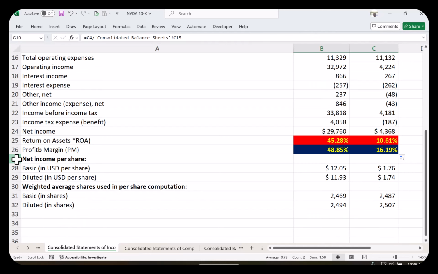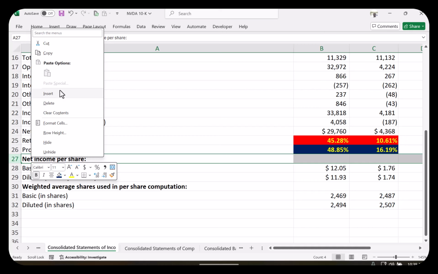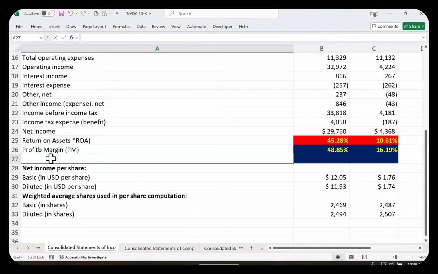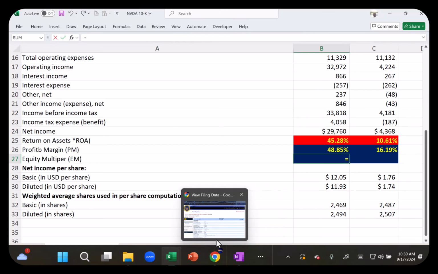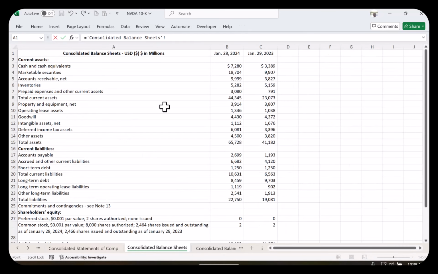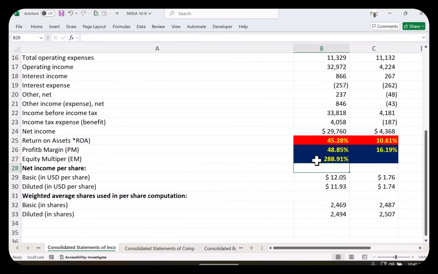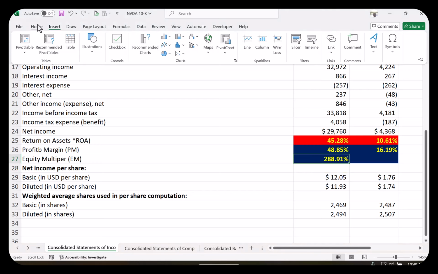I'm going to calculate the EM first. I need to get total assets and divide that by total liabilities. That is not a percent number. I mean, you can leave it as a percent.